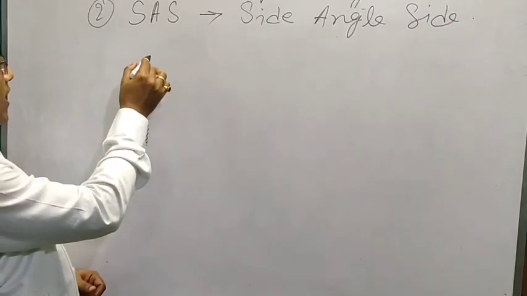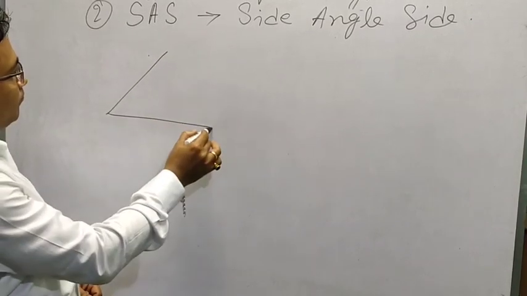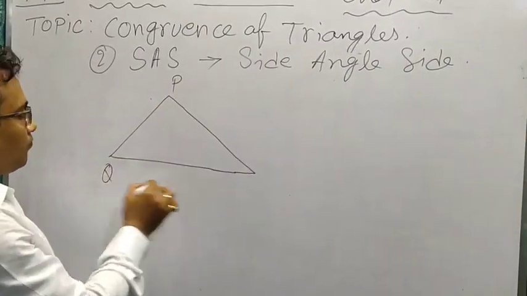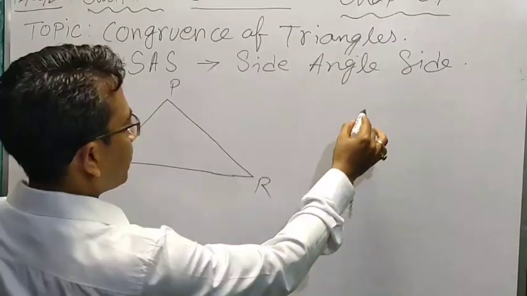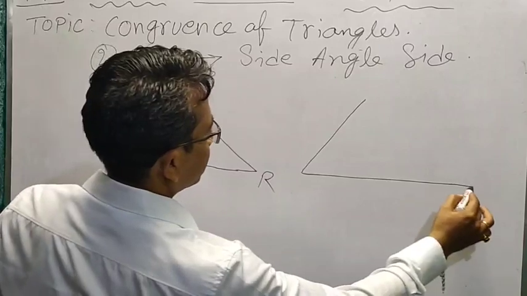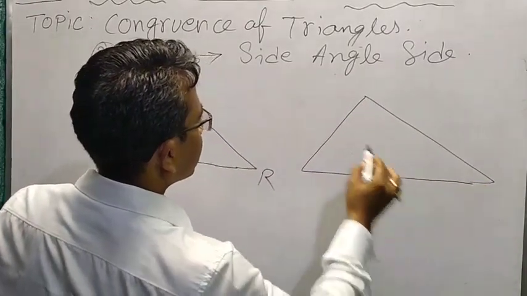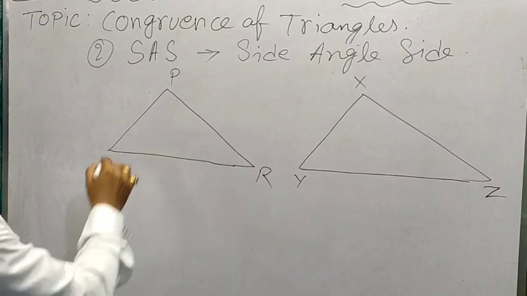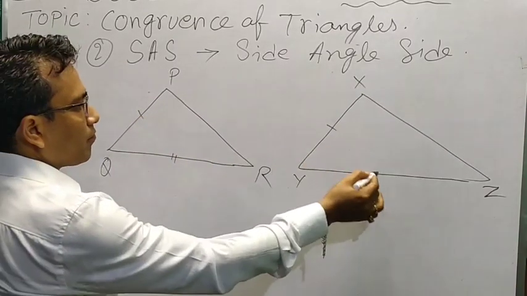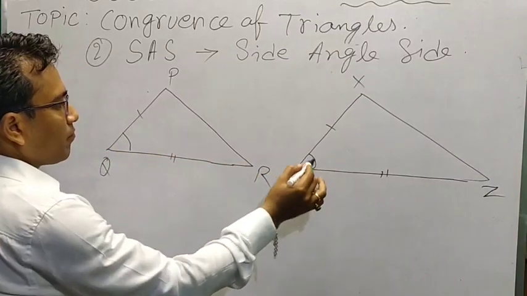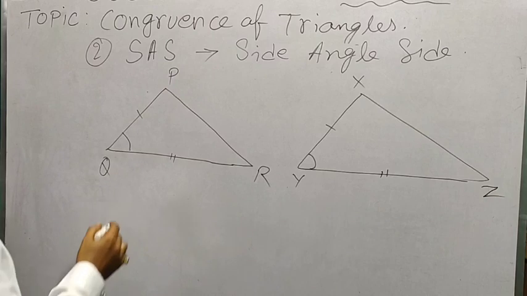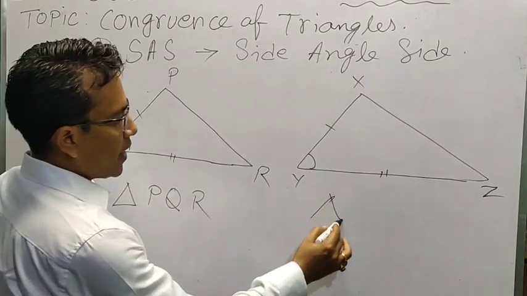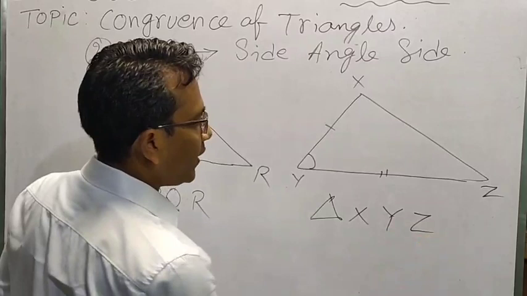Here, if we take two triangles again, triangle PQR and triangle XYZ.